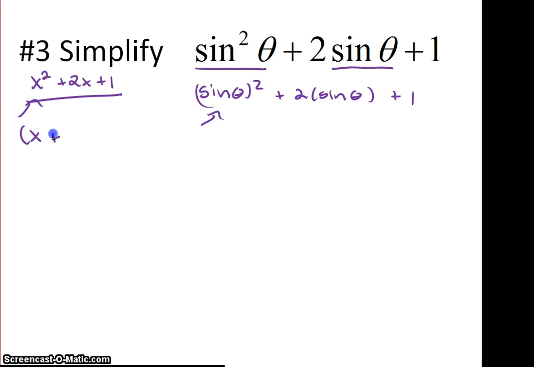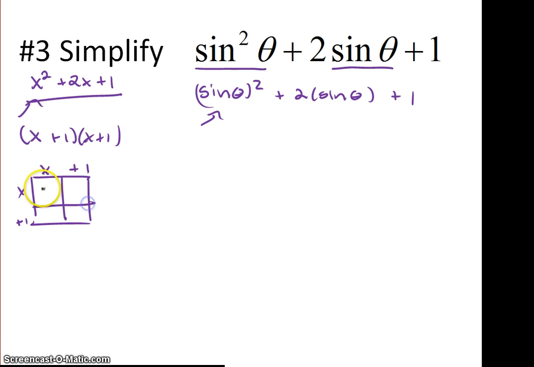So you would factor it x plus 1 times x plus 1. And for those of you who learned the box method, x plus 1 and x plus 1, when you multiply it out, you get the same thing. Remember, you add that diagonal there to get your x squared plus 2x plus 1.